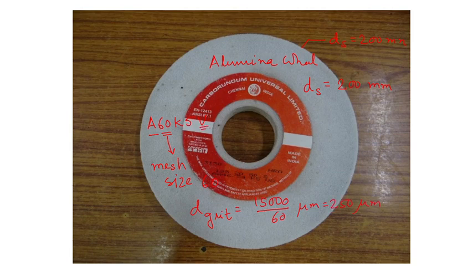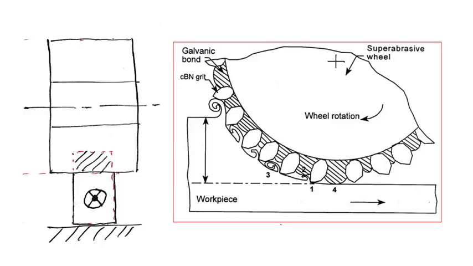It is vitrified bonded. It is moderate hardness and rather moderate structure number, that is, it is rather a closed wheel. It is not a very open wheel. So this is the designation of the wheel. Here it is written, you can see it is A46, 54 or 64 it is written. So the nominal designation is A60. So that is the kind of wheel we are going to use for our experiment.